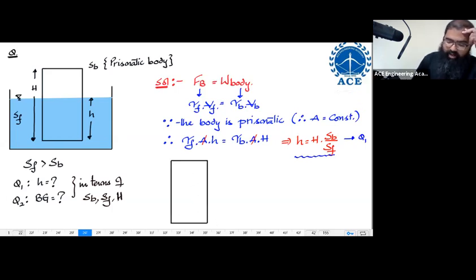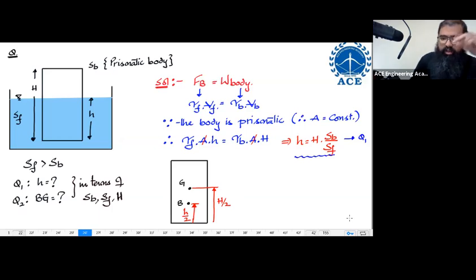At exactly the center point, I am supposed to have G. And somewhere over here, I'm having B. I know that the distance from bottom till G has to be equal to capital H by 2. The distance from bottom till B has to be equal to small h by 2.